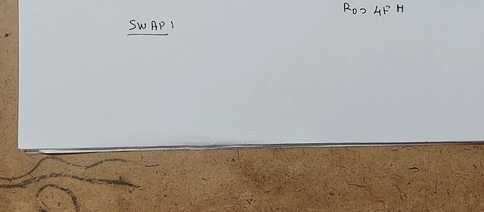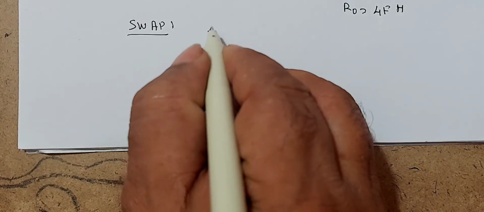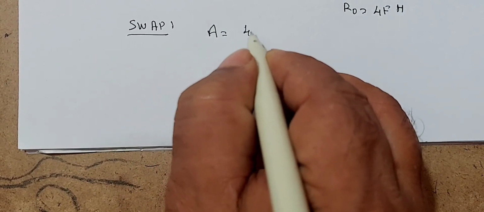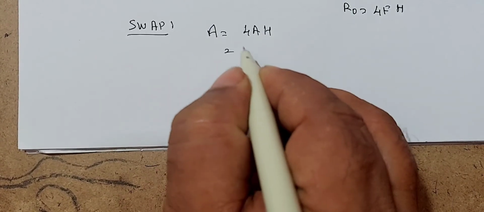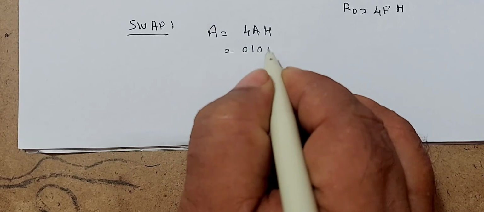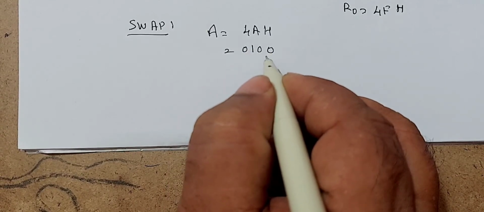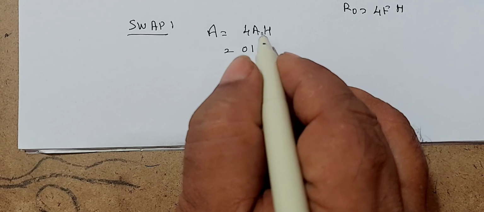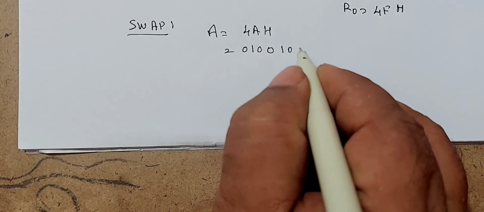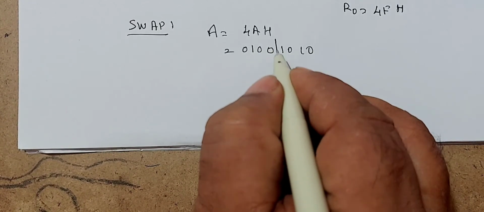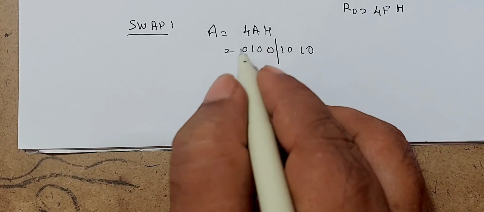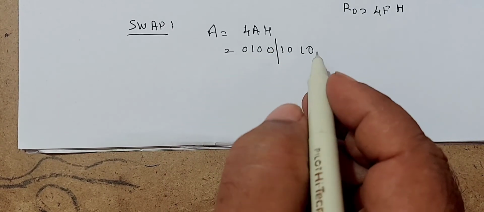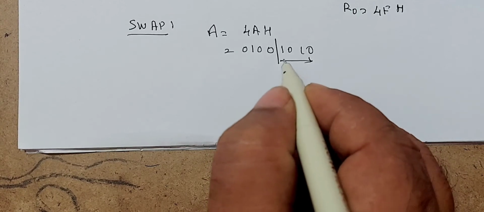Swap means, you know that a byte consists of 8 bits, and 4 bits is called a nibble. Example, if register A contains 4AH, 4 is 0100 in binary and A is 1010. Here there are 8 bits in total. One byte consists of 8 bits, but 4 bits is called a nibble.